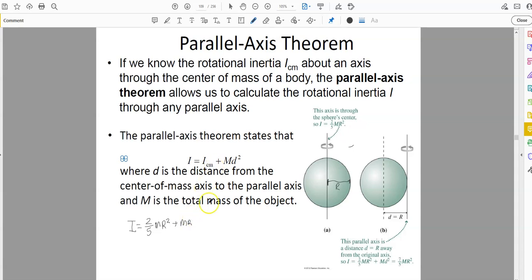And in this case, d in this equation is the distance from the center of mass to the rotational axis.